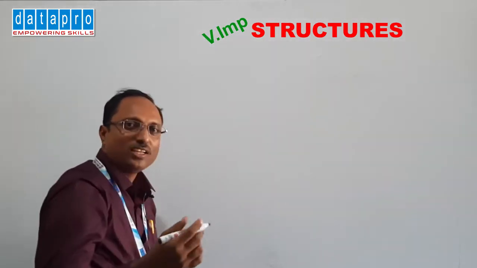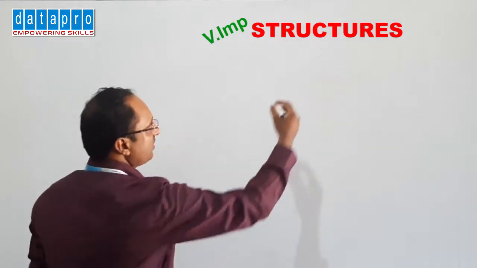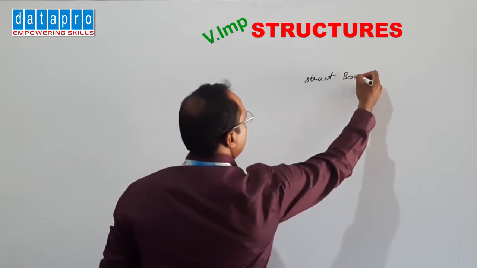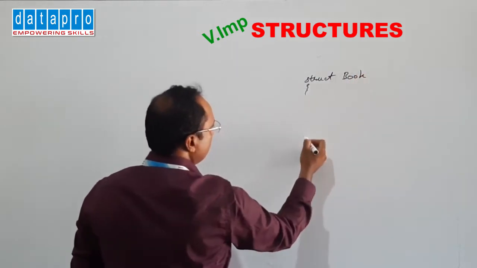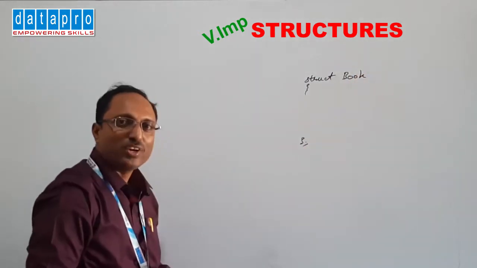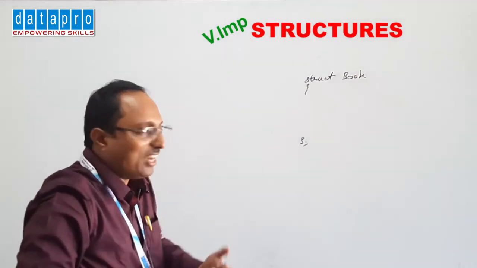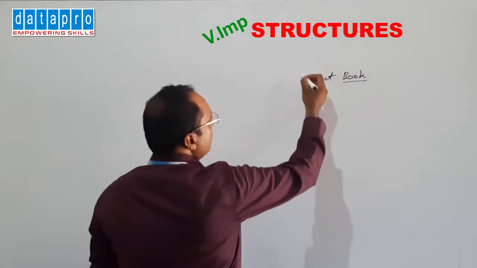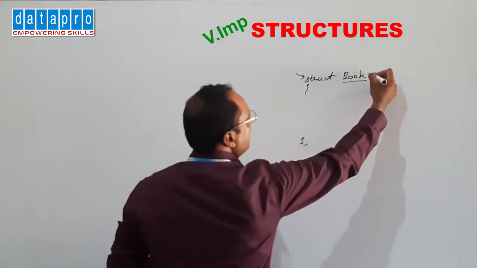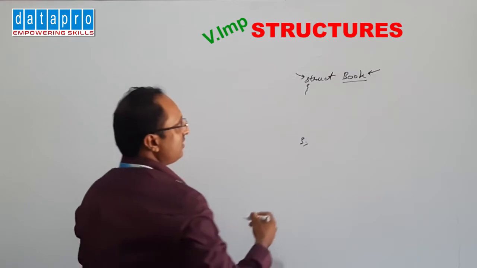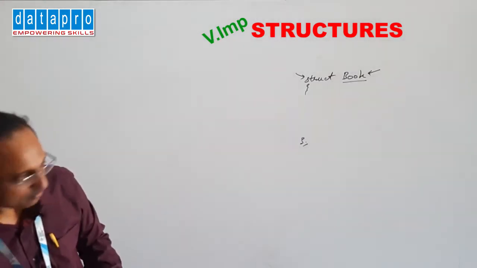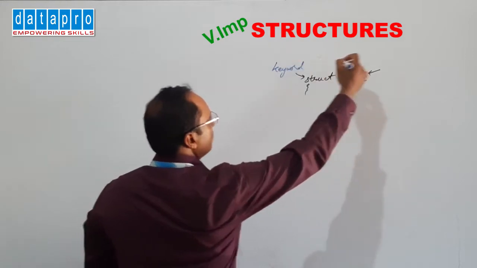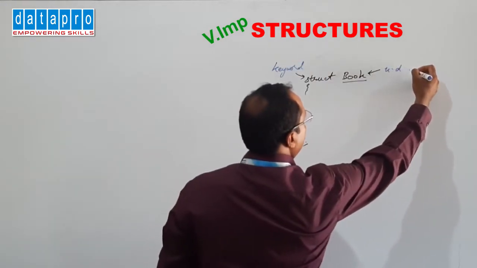So let me create a book data type. struct book. So this is how we create a structure or our own data type. This is a keyword and this is the user defined data type.